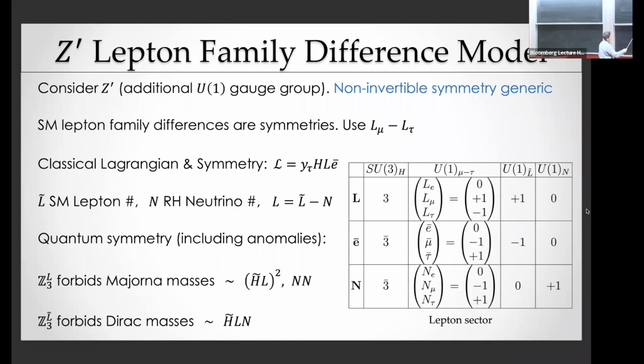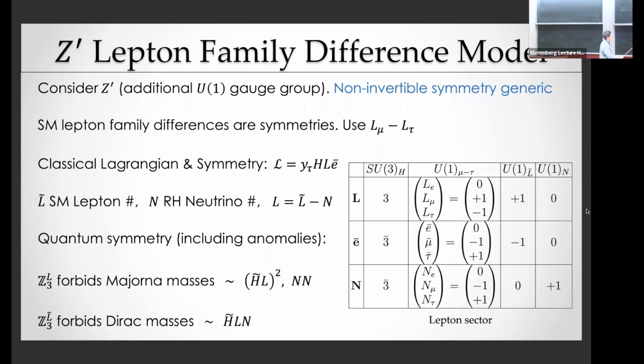There's the standard model lepton number, which I'll call L tilde. And then there's the total lepton number, which is the standard model lepton number minus, say, the right-handed neutrino number. The total lepton number, or at least an anomaly-free part of it, Z3 L, forbids Majorana masses.